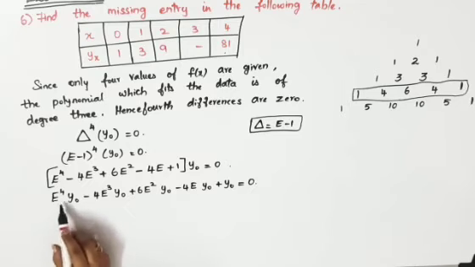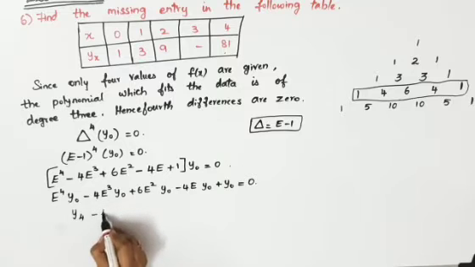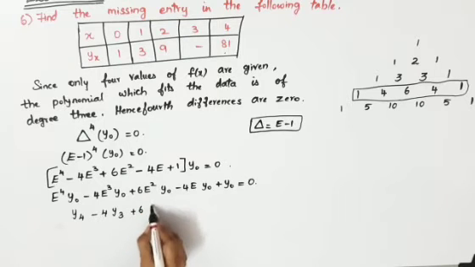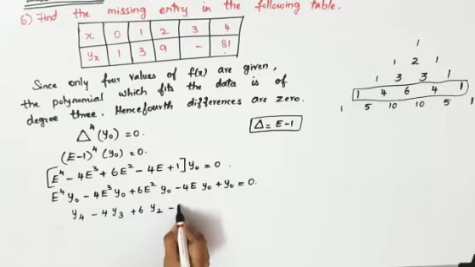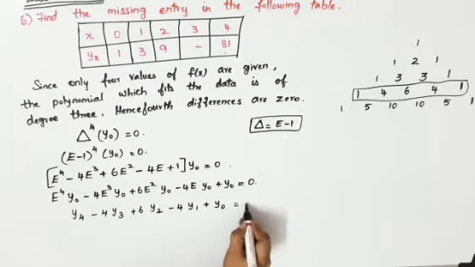So the next line: e power 4 y naught you replace as y4. Then minus 4, e cube y naught is y3, plus 6, e square y naught is y2, minus 4, e y naught is y1, plus y naught as it is, equal to 0.